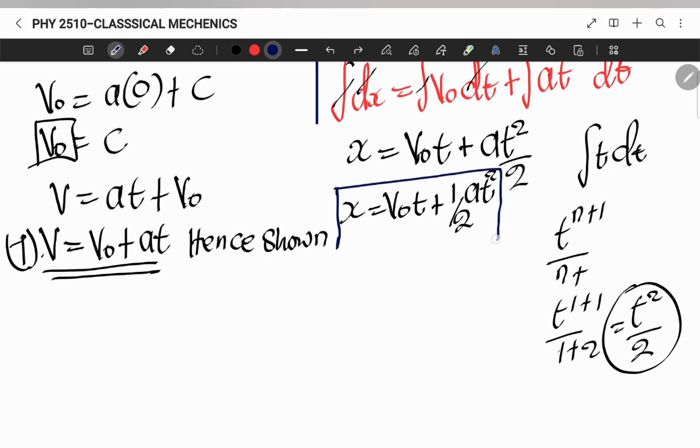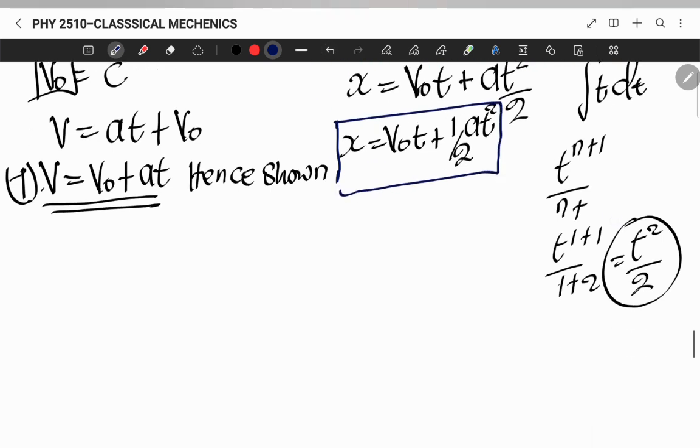Now after you integrate, in mathematics you always put a constant, and we know what a constant means in physics. The constant means the initial condition. So we'll apply the initial conditions here.